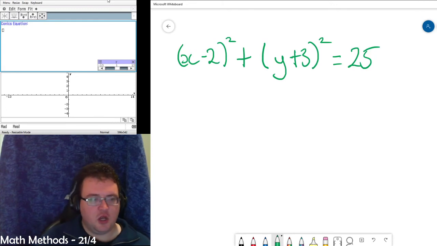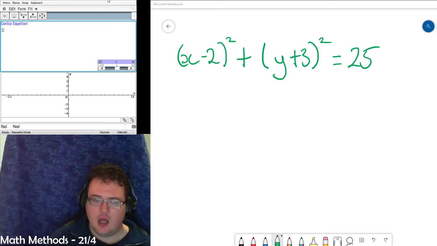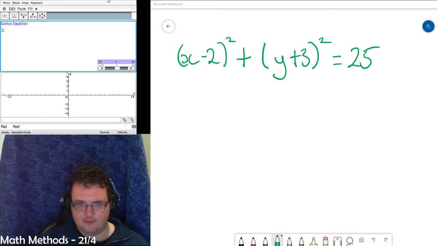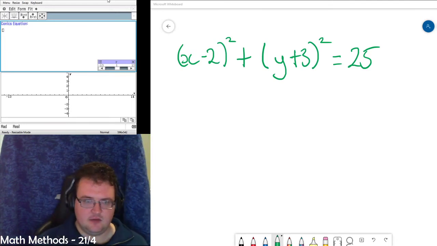Alright, so what you guys need to be able to do is you need to be able to look at that and then tell me where is the center, what is the radius. Where is the center and what is the radius?